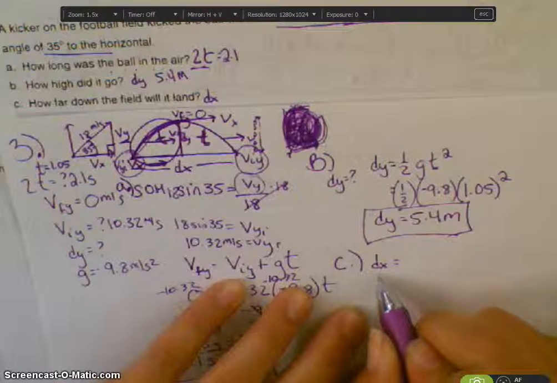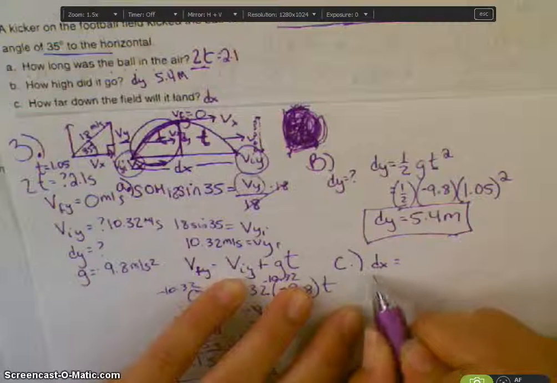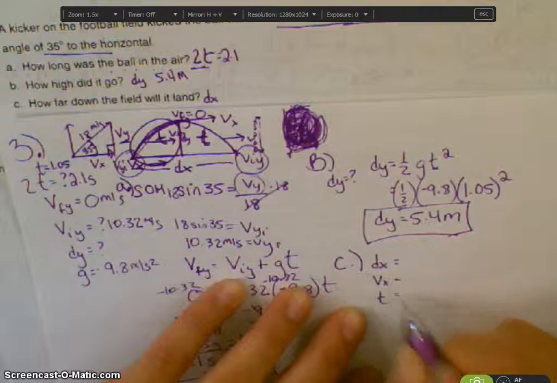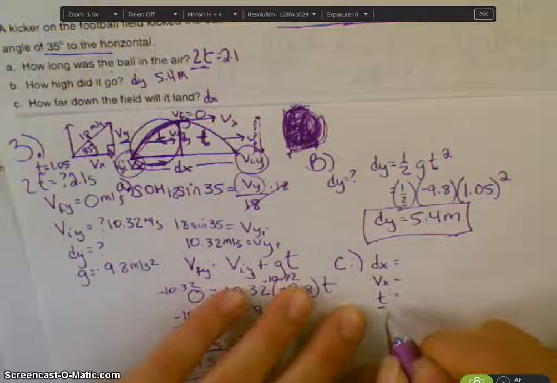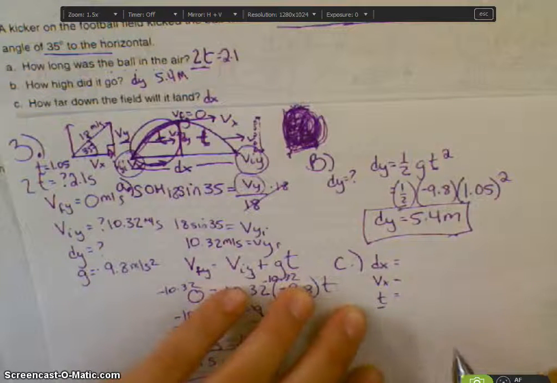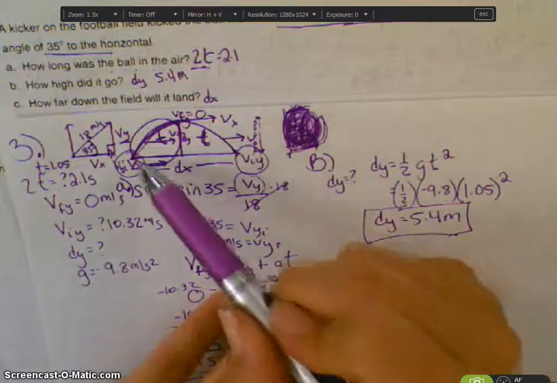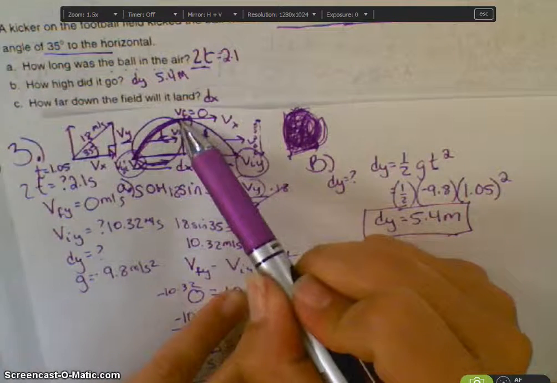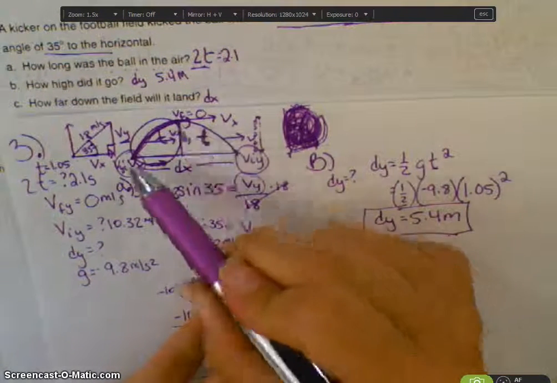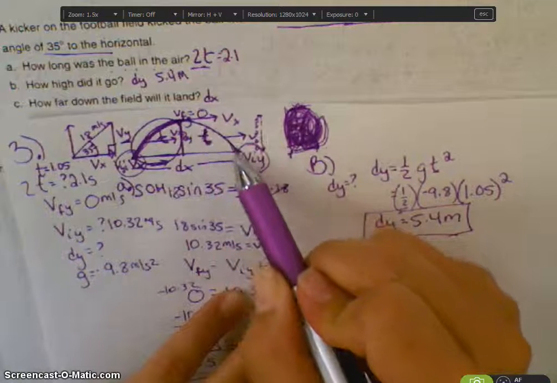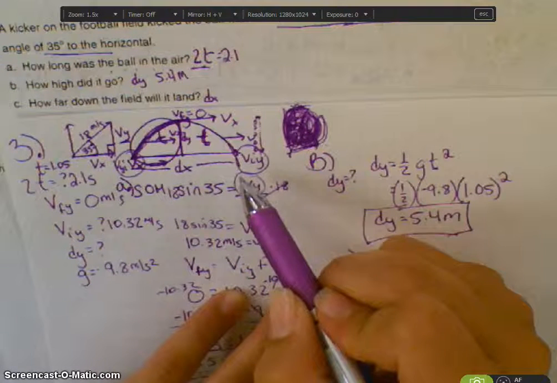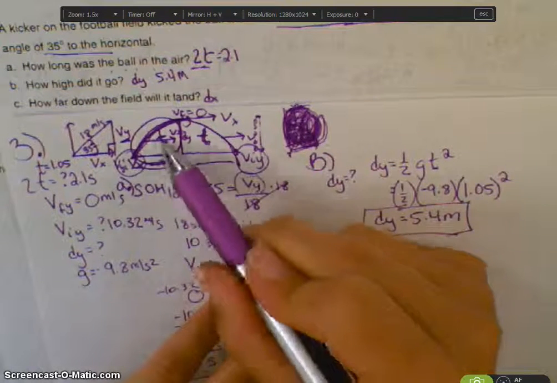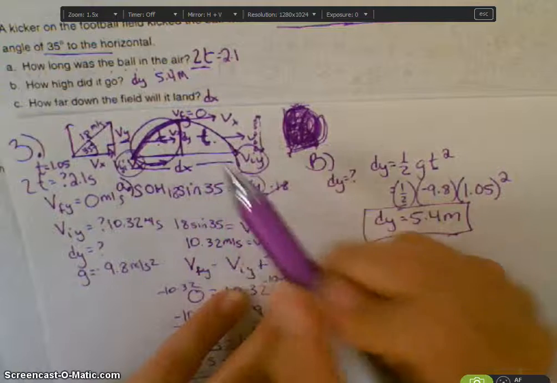Remember, for the x-axis, we need dx, we need vx, and we need time. Do we need regular time or do we need to double the time it takes to get to the top? We need to double it. Regular t is just the time it takes to get to the top of the trajectory. 2t is the time it takes to go up and down again. What goes up must come down. So make sure we're using our double t, time up and time down.